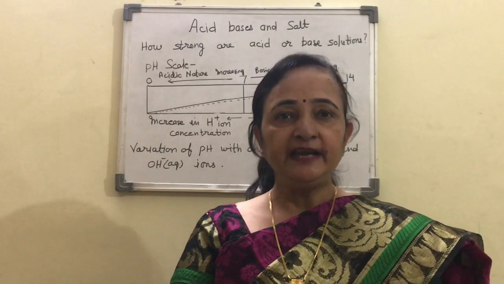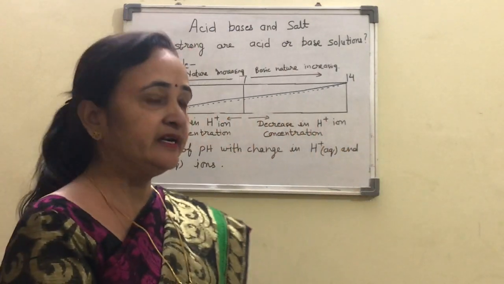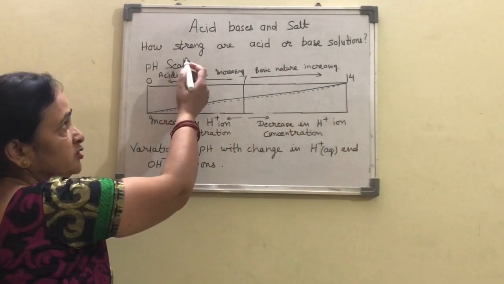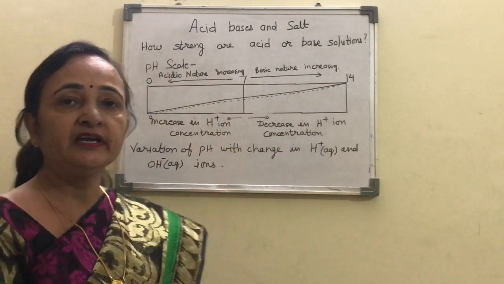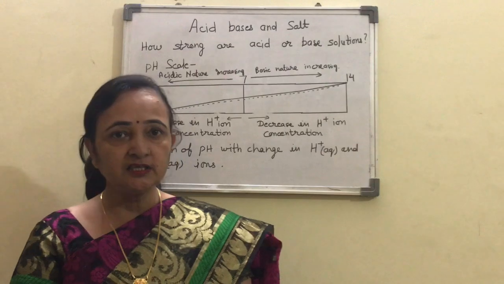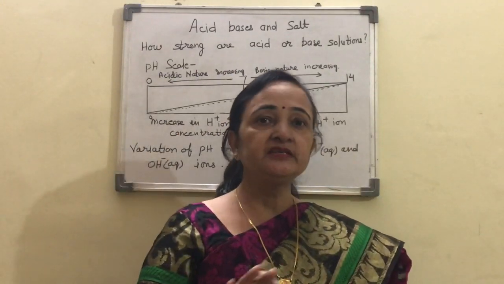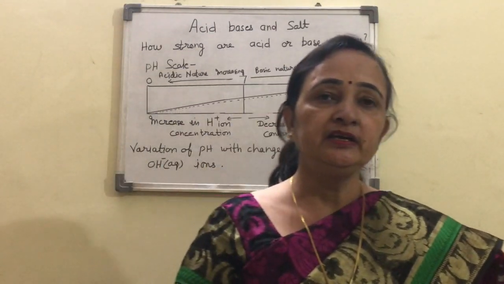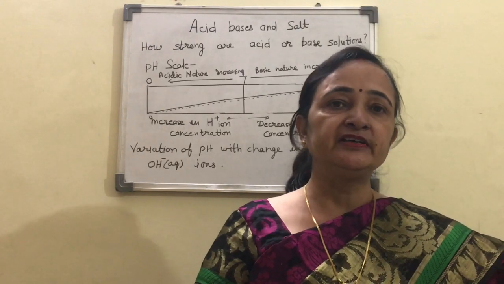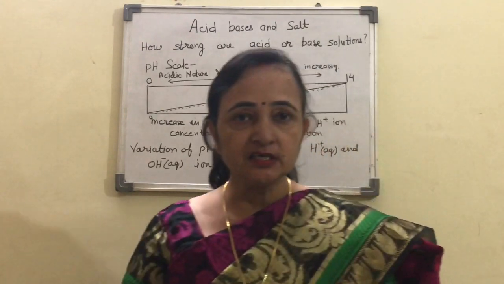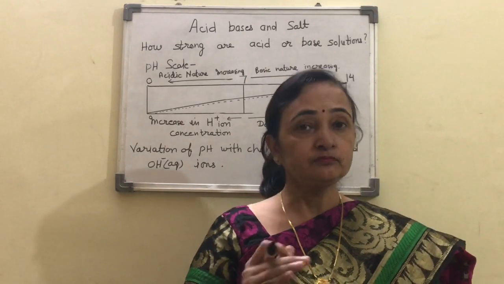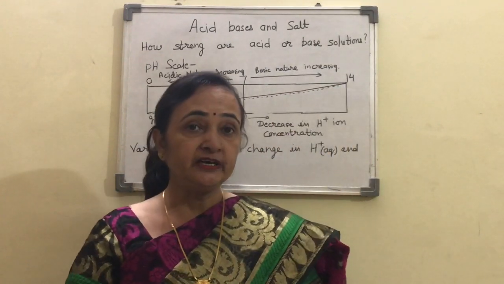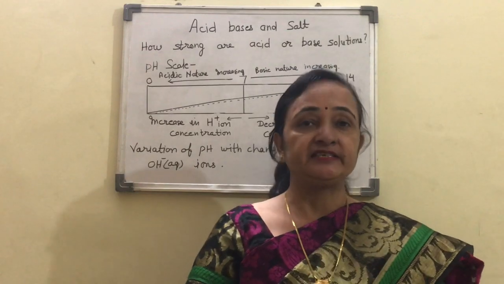Okay, so let's continue the next topic, that is how strong are acid or base solutions. Students, you have studied about the acid base indicators, and how we can find the difference between acids and bases with their help. Then you also studied about the dilution of an acid.